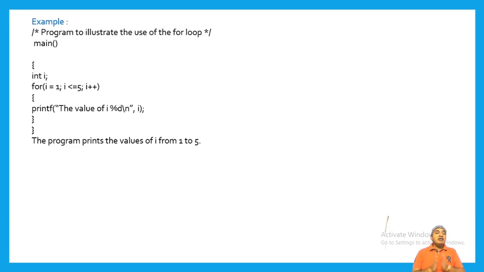Very simple. In the for loop, first is the initialization, second is the test condition, third is the increment. The body of the loop is executed as long as the test condition is true, and when the condition is false, the execution of the program goes outside the loop.